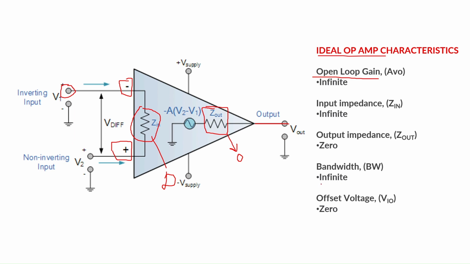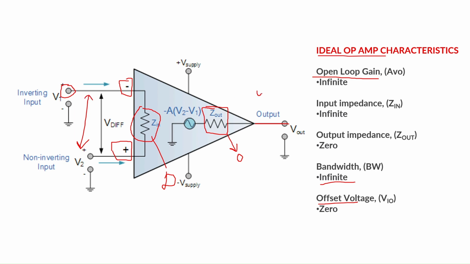Infinite bandwidth for an ideal op amp, and offset voltage is 0 for an ideal op amp, which means if the input voltages are 0, then the output will also be 0. If there is no difference between the inverting and the non-inverting input signal of the op amp, then the output will be 0.